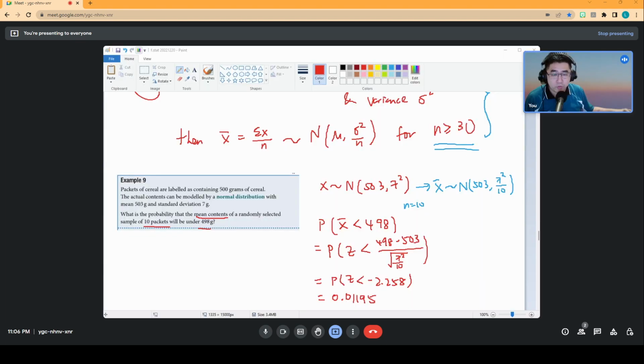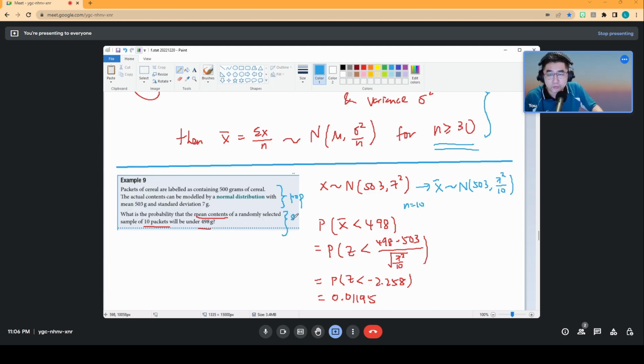So this is what happened in your calculation. You can see that the first part gives you information about the population, but the question is for the sample mean.